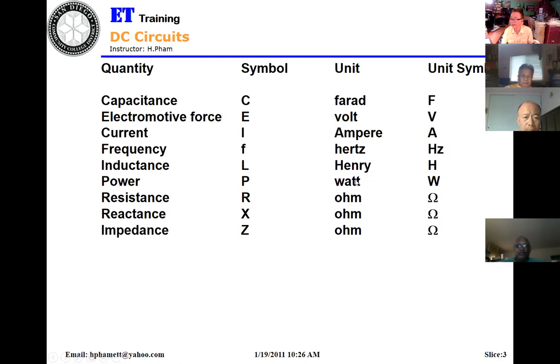Inductance, henry. Power is watt. Resistance R is in ohm. Reactance is X, also in ohm, and impedance Z, also in ohm. That's just a definition.